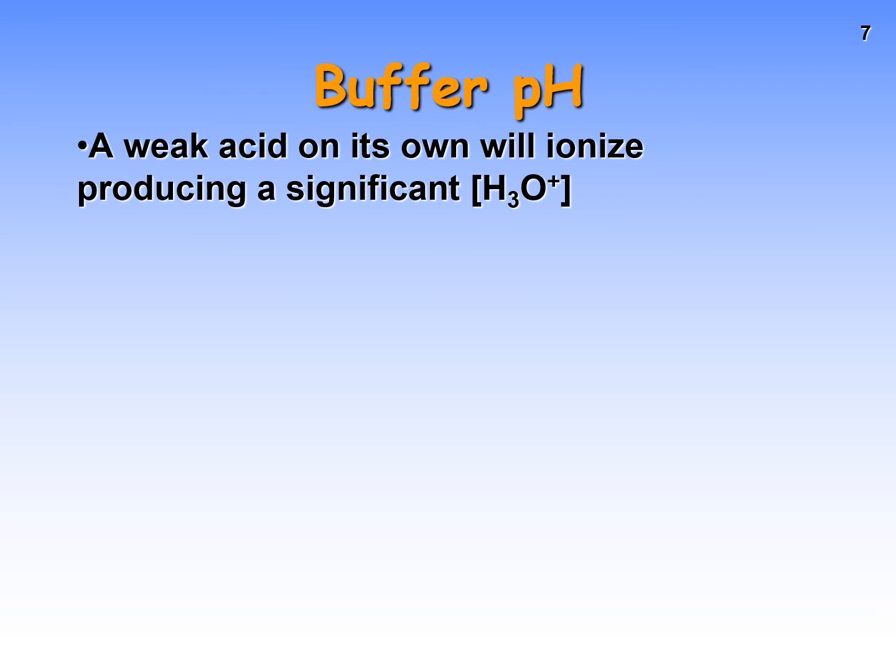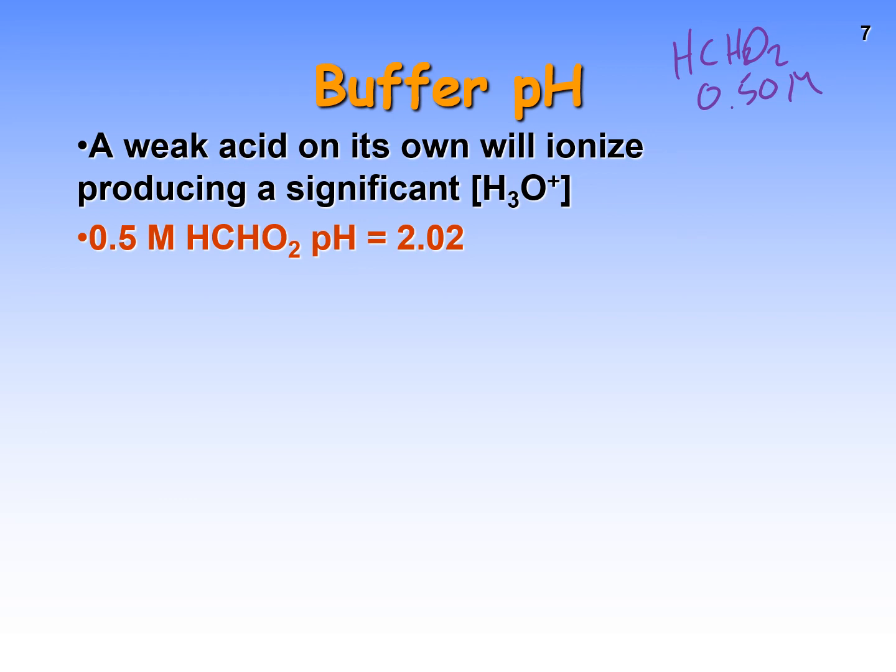So, just to summarize, a weak acid will ionize on its own. So if you look at formic acid, HCHO2, if we had 0.5 molar of it, it would have its own pH, and that pH would be 2.02 by itself.